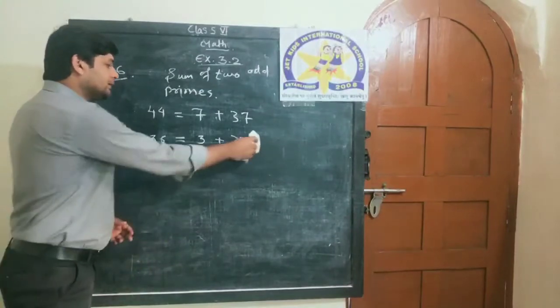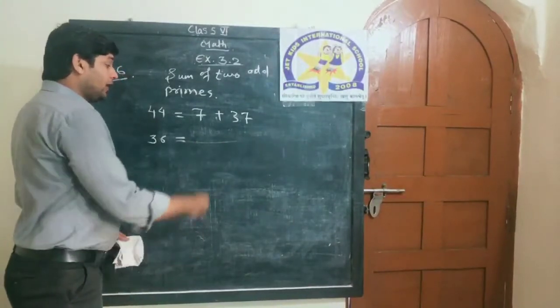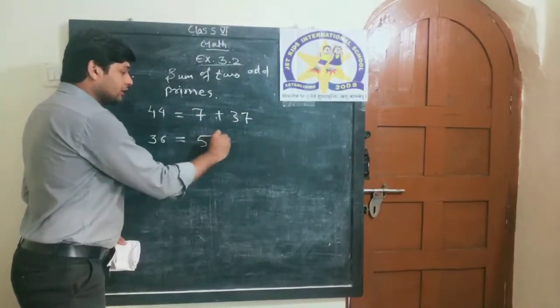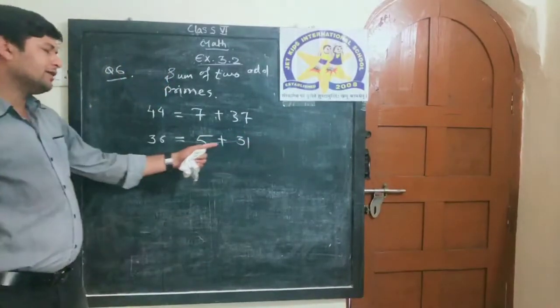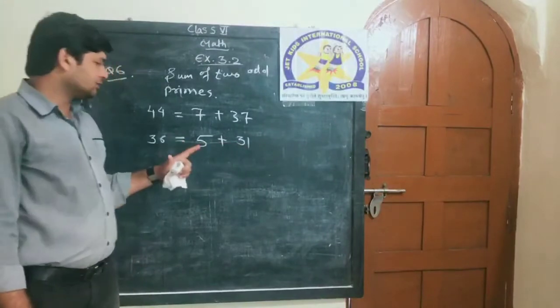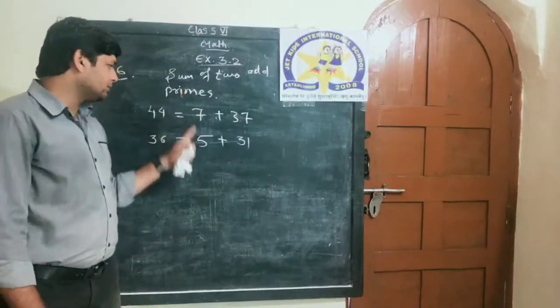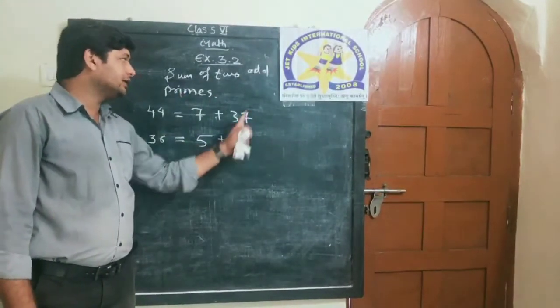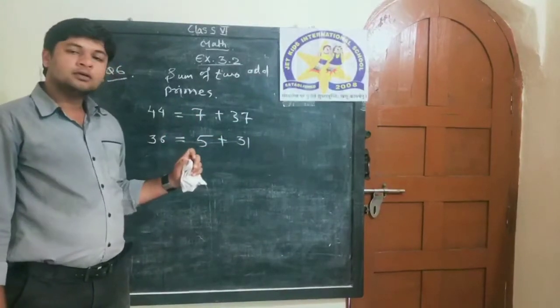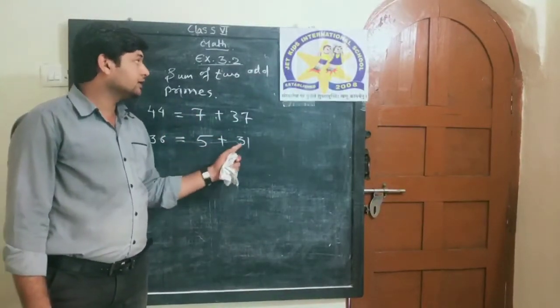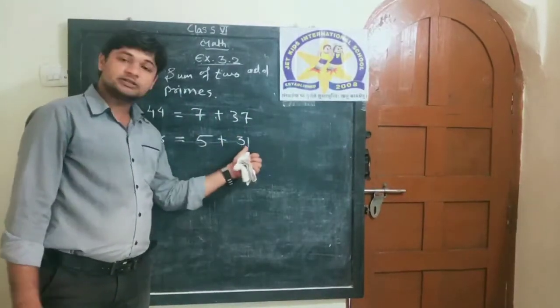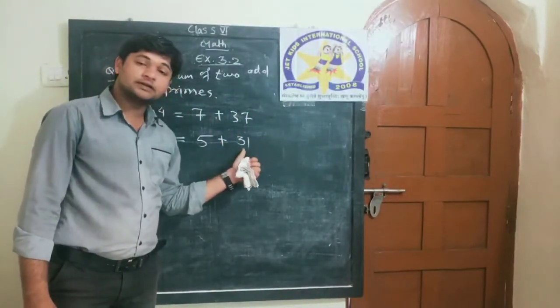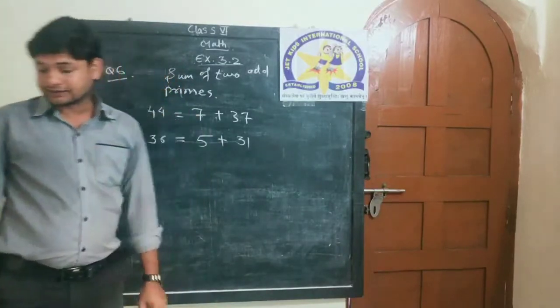Next, that means 5. We are taking 5. 5 plus how much? 31. Can we say 5 plus 31 is equal to 36? Yes. 5 is an odd prime number. Is 31 an odd prime number? Yes, 31 is odd as well as prime. How? Because the factors of 31 are 1 and the number itself.